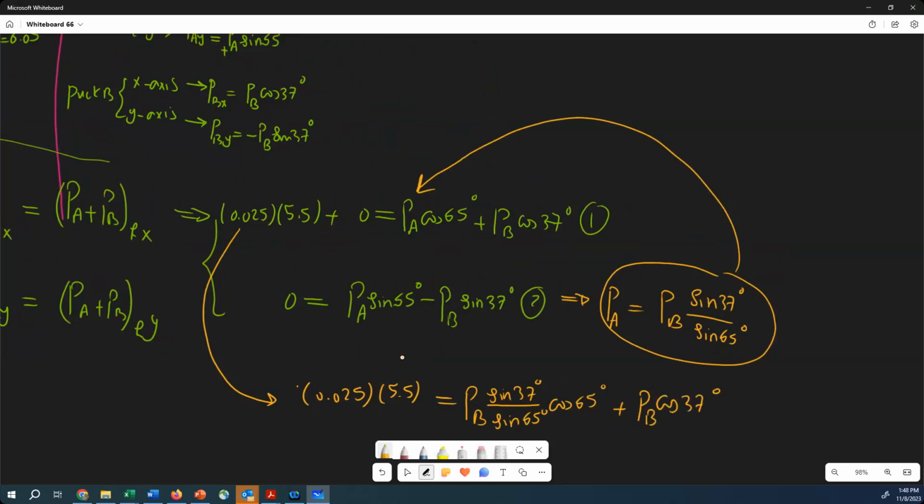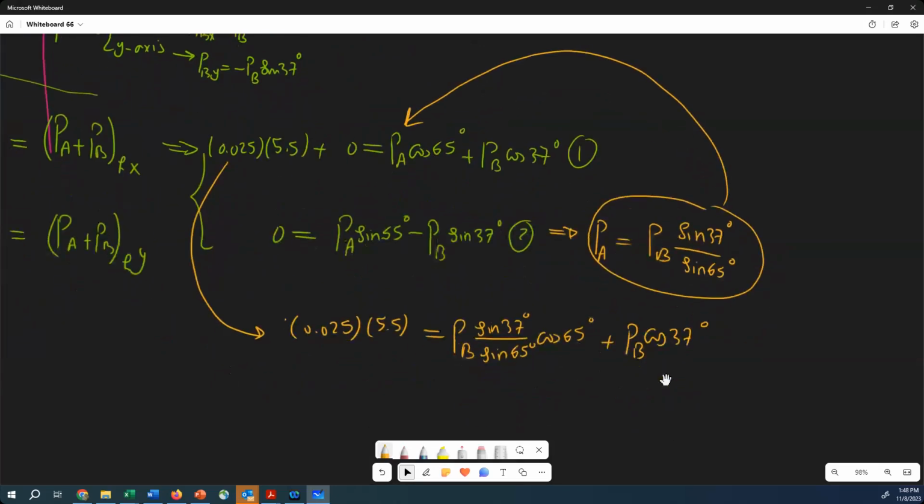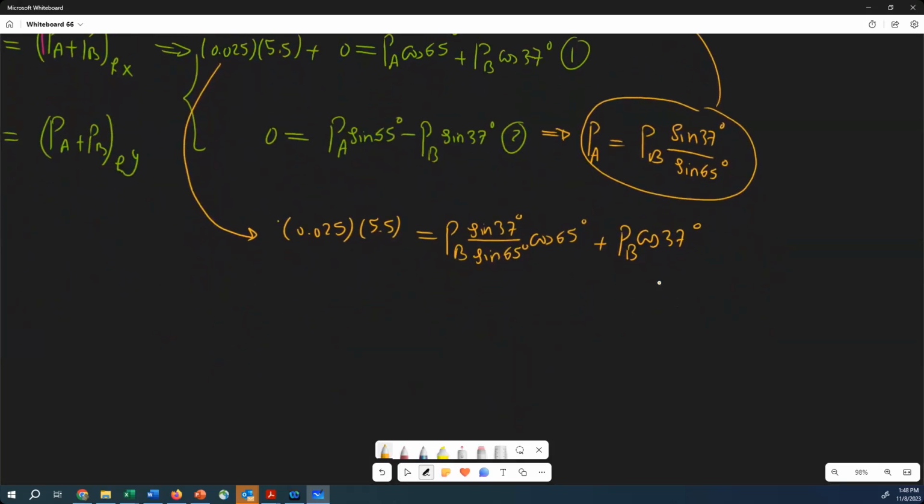Okay? So what I do, I just factor out PB. And I know that cosine over sine is cotangent, yes? Cosine over sine is cotangent 65. And the factor is going to be sine 37 cotangent 65 plus cosine 37.